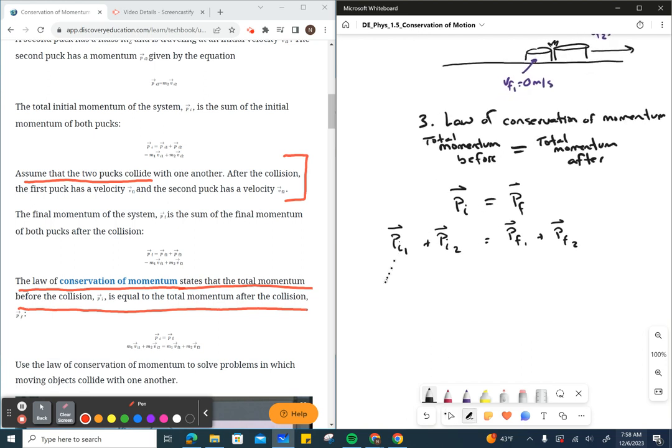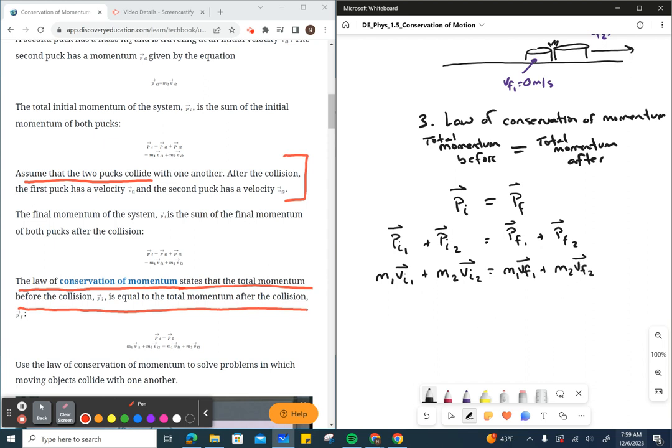As you recall, momentum is the mass of object 1 times the velocity initial of object 1, plus object 2, the mass of object 2 times the velocity initial of object 2, and this would be equal to the mass of object 1 times the velocity final of object 1, plus the mass of object 2 times the velocity final of object 2.